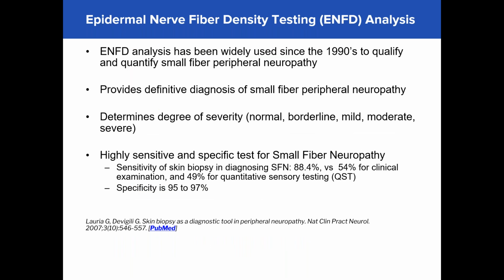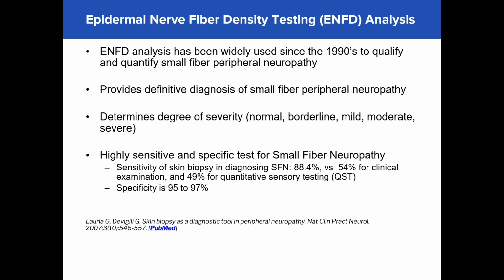So to get into nerve biopsy testing, also known as epidermal nerve fiber density testing, it has been widely used since the 1990s to qualify the quality of the nerves as well as quantify them, to see how many healthy nerve fibers we have available.